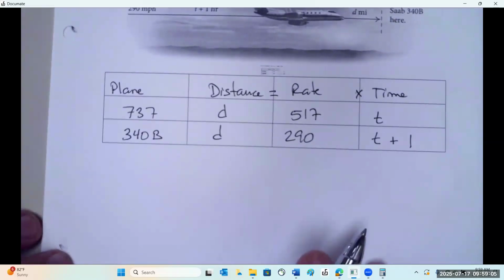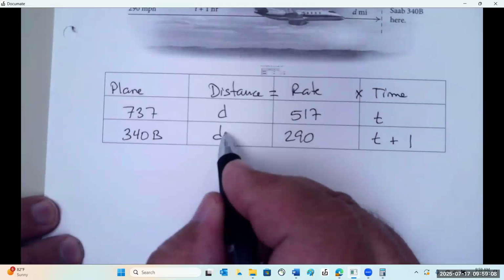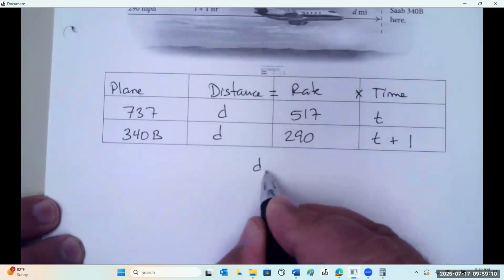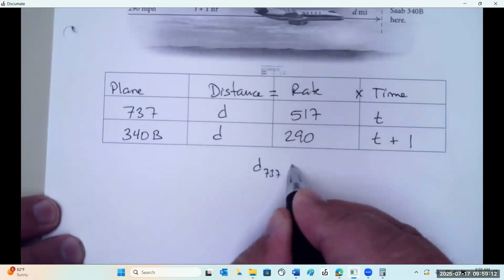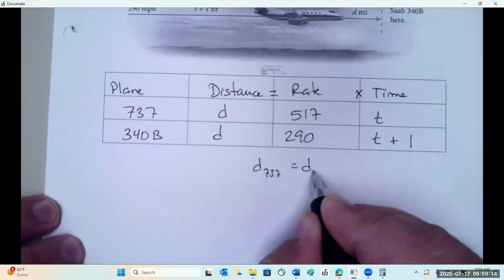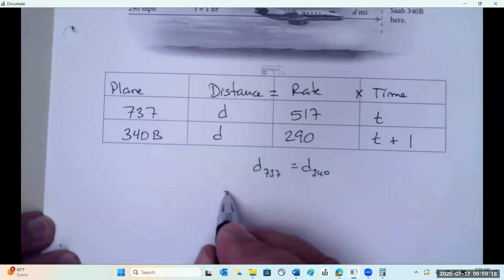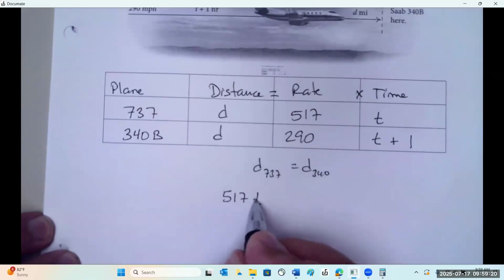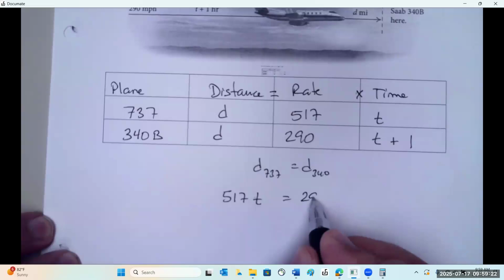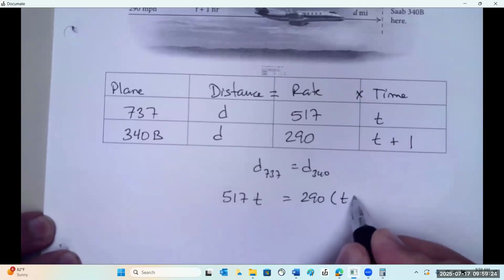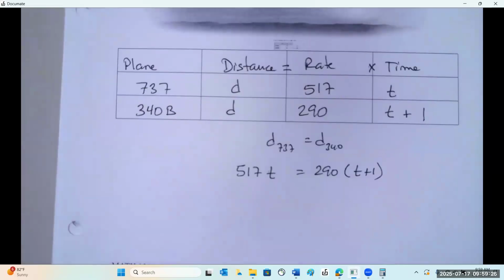So far, so good. Since we know the distances have to be the same, the distance of the 737 has to equal the distance of the 340. So we put these formulas in there. 517t has to equal 290 times t plus 1.